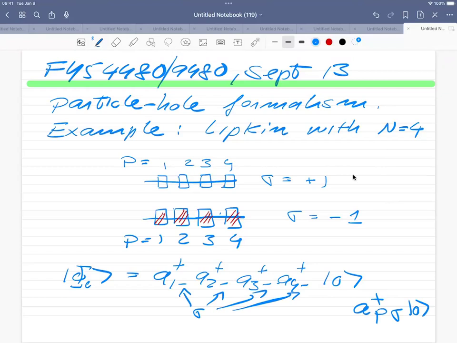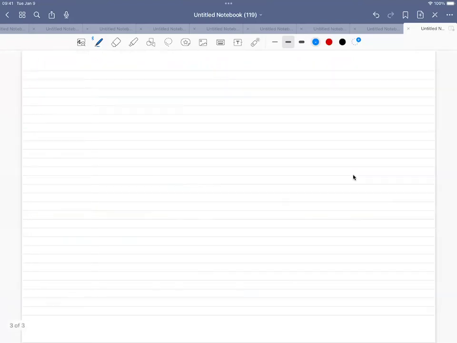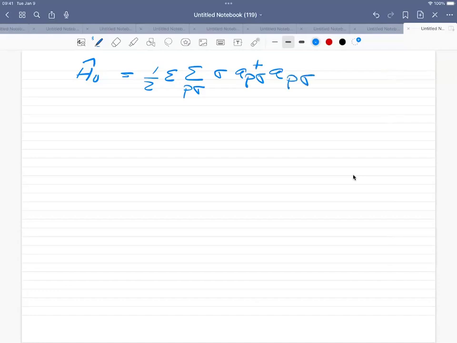And we defined a single particle operator for the energy, which we call H0 as usual. And this is given by 1/2 of epsilon, and then we have a sum over p and sigma multiplied with sigma, and A p sigma dagger A p sigma. So let's calculate the expectation value of that quantity.